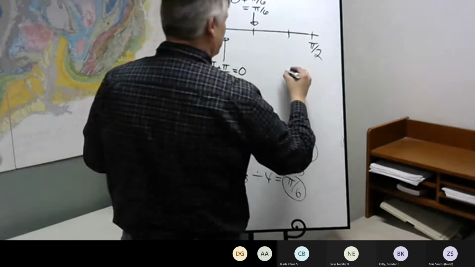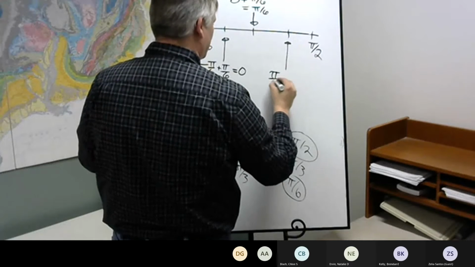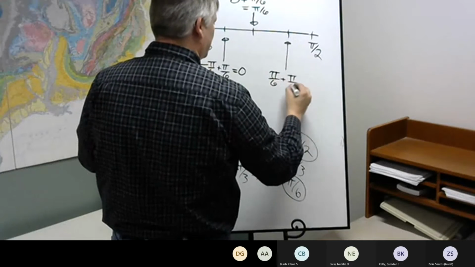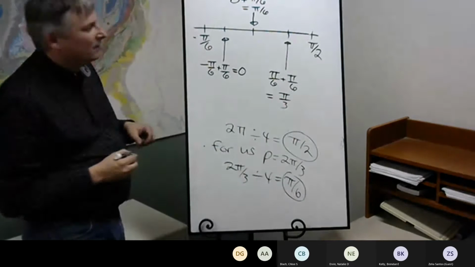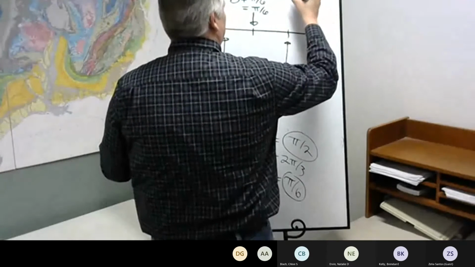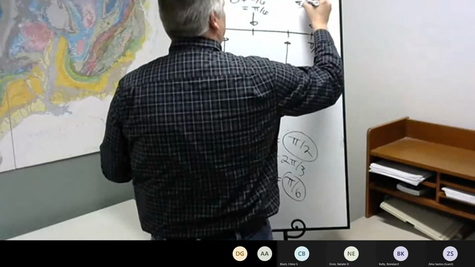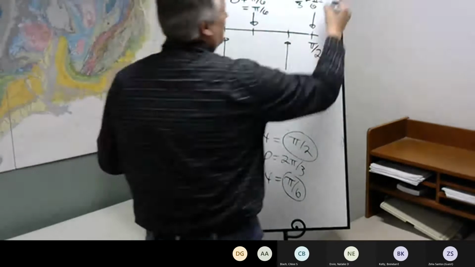Now for the next one, pi over 6 plus pi over 6 is pi over 3. And then if you just want to check to see if this is working, pi over 3 plus pi over 6 will be pi over 2.